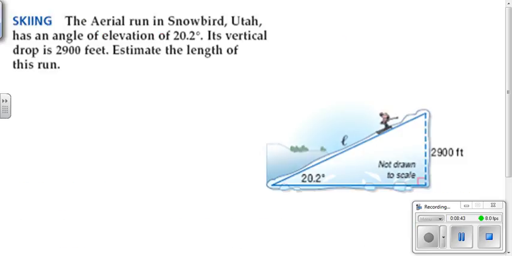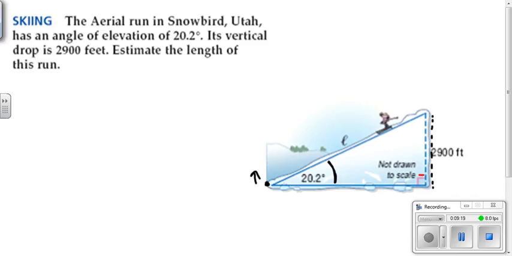We can use these different angles, the angle of elevation and the angle of depression, in other real-life situations, such as the aerial run in Snowbird, Utah, which has an angle of elevation, so starting from the bottom and looking upwards, of 20.2 degrees. Its vertical drop is 2,900 feet. Estimate the length of this run. So again, our angle of elevation here is 20.2 degrees, and we drop down 2,900 feet.